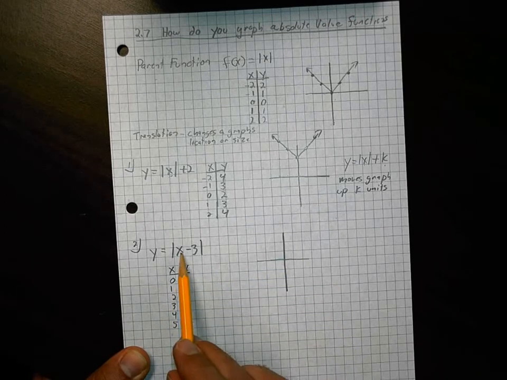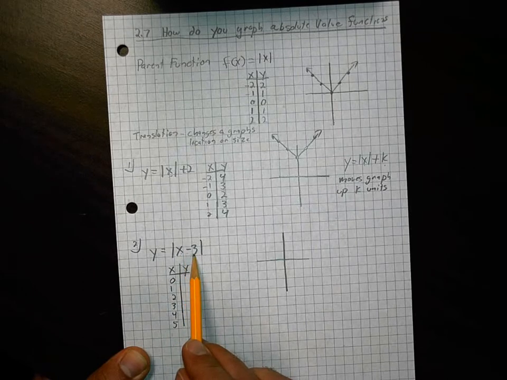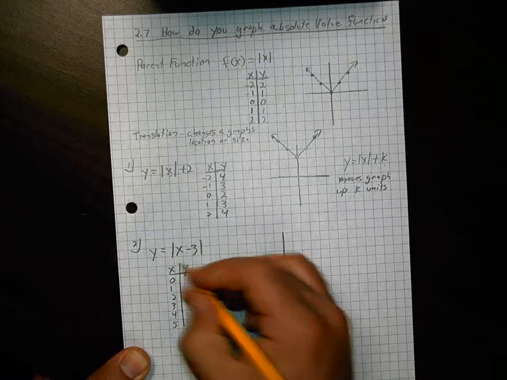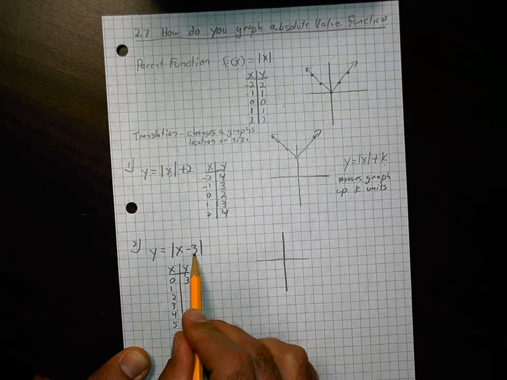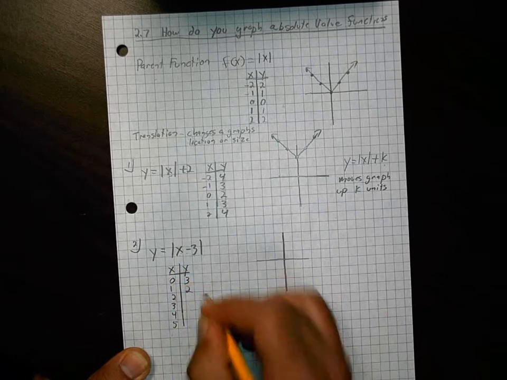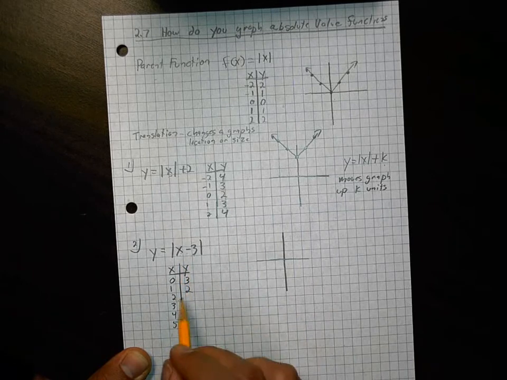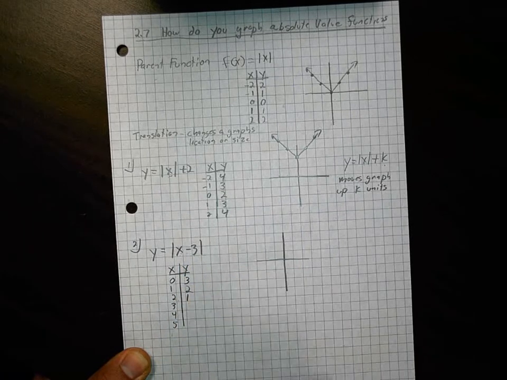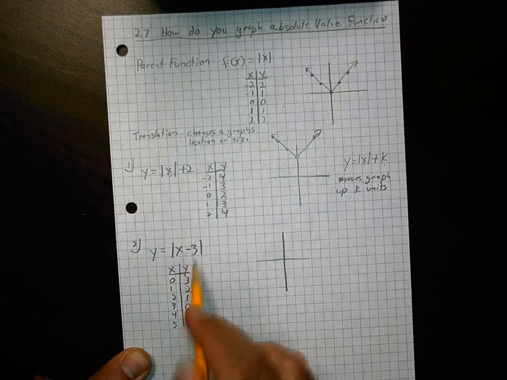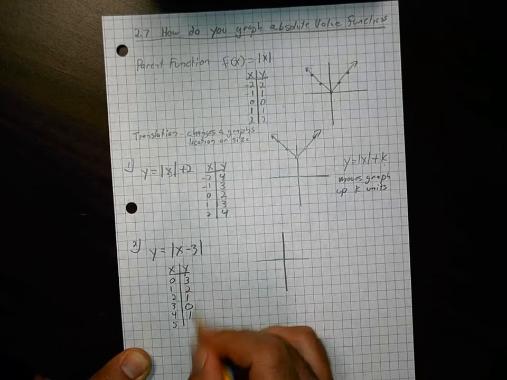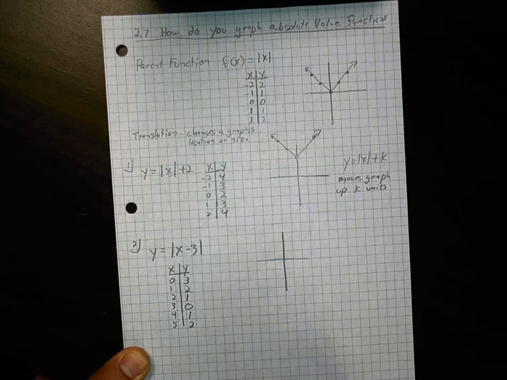If I plug 0 in there, 0 minus 3 is -3. When I take the absolute value of that, I get +3. 1 minus 3 is -2. Absolute value is +2. 2 minus 3 is -1. Absolute value is +1. 3 minus 3 is 0. So we get 0 there. 4 minus 3 is 1. 5 minus 3 is 2.